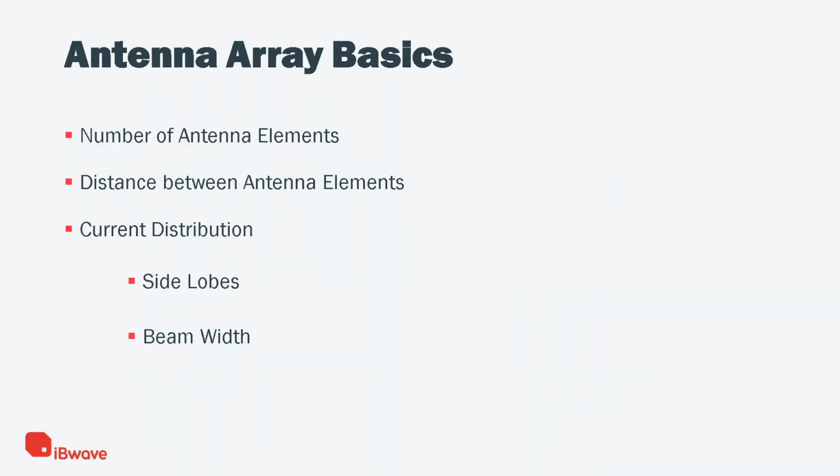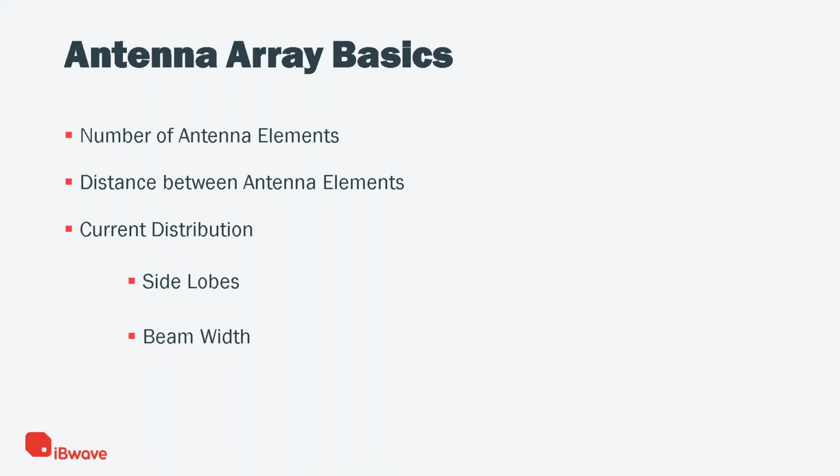Here, I wanted to mention some key parameters that will affect your antenna array, that will affect the shape, the beam width, and the gain of your antenna. In principle, there are two main parameters that will affect your beamforming. The first parameter is the number of antenna elements.